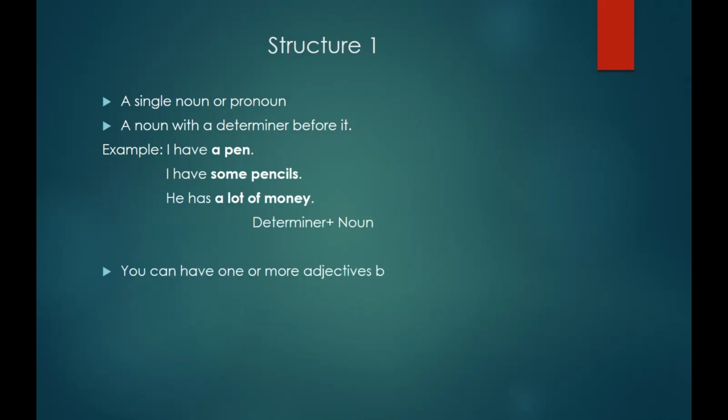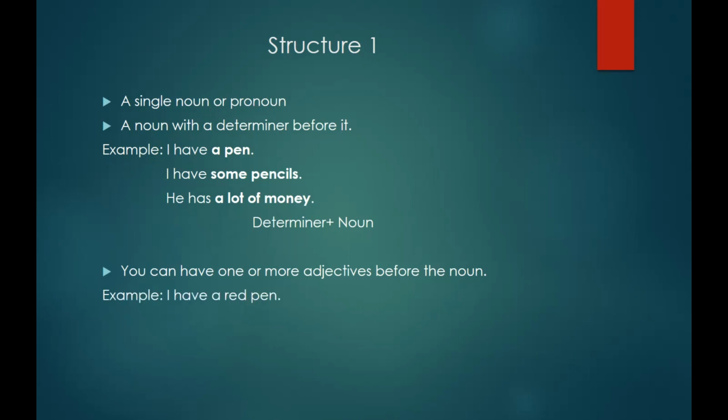You can have one or more adjectives before the noun. You know that adjectives modify noun, so you can have the modifying adjectives just before the noun, as many as you want. But do not have more than 3 or 4 adjectives, because in that case the language would sound odd and confusing. So if you need more than 3 or 4 adjectives to modify a noun, you can have a separate sentence for them.